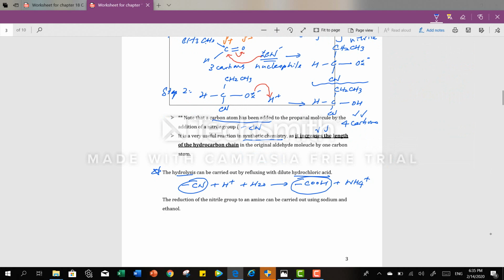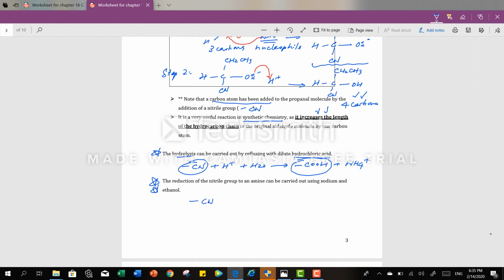Okay. And then this one is also very important. If the CN group is reduced using sodium and ethanol or lithium aluminum hydride in dry ether. Okay, several reducing agents you can use, sodium and ethanol or lithium aluminum hydride. Then you can turn it to CH2NH2.